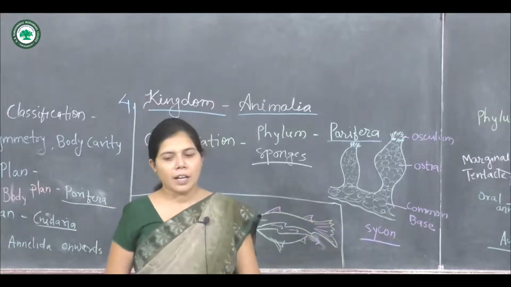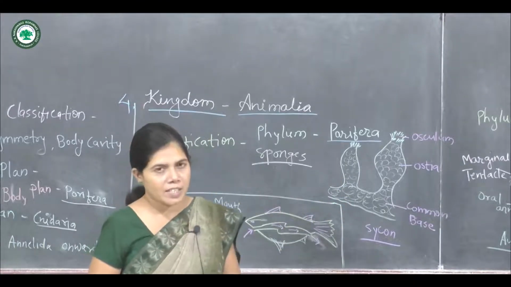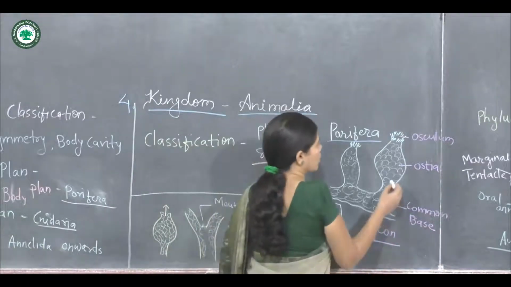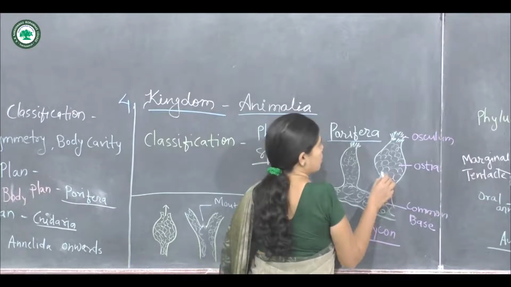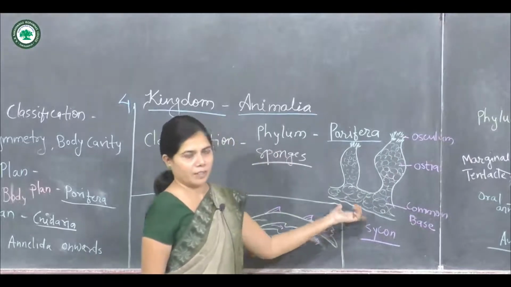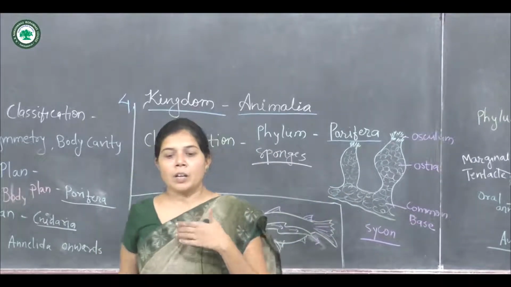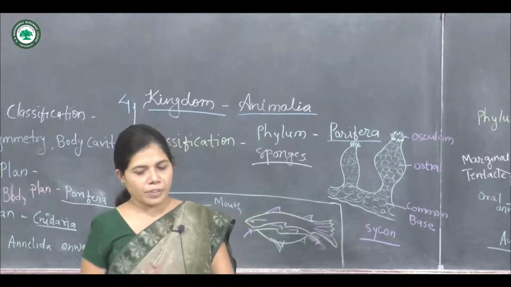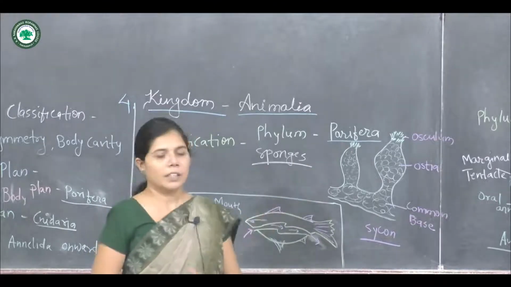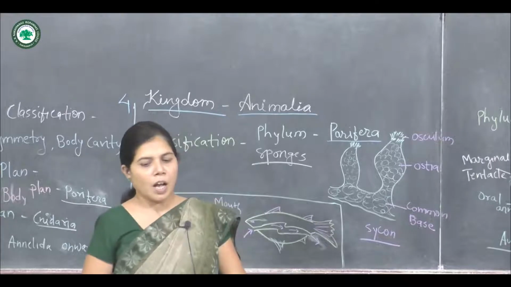The body is considered a colony, because there are small pores which give a sponge-like structure, and these small pores are arranged cellularly and form a colony. So the body is in colony form, a colony of different types of cells in Scypha or the sponge.